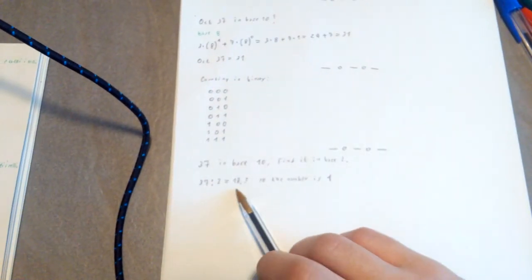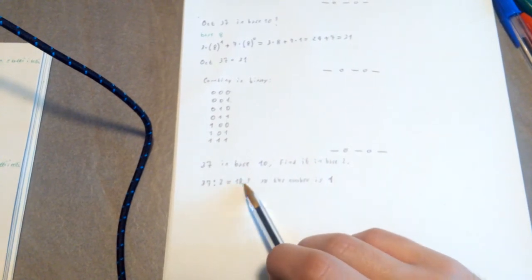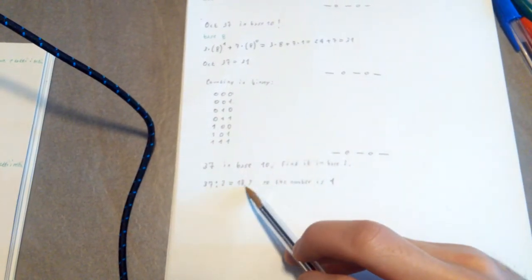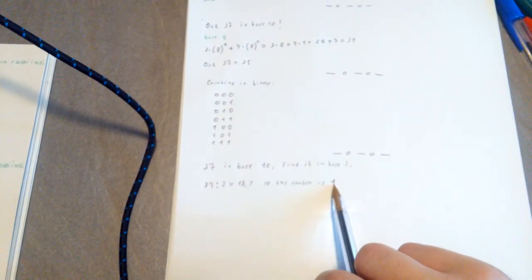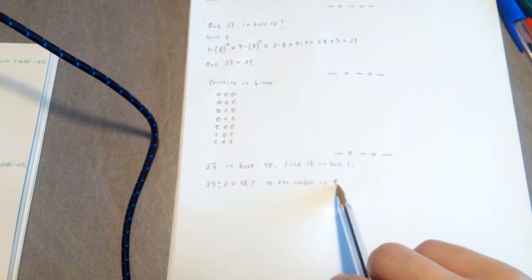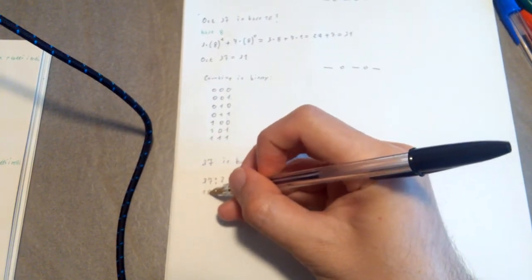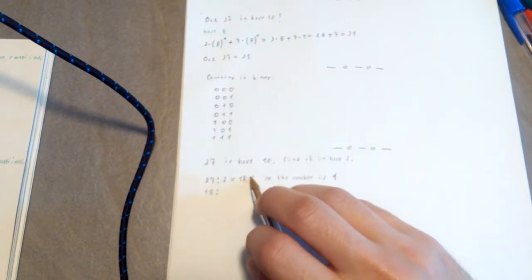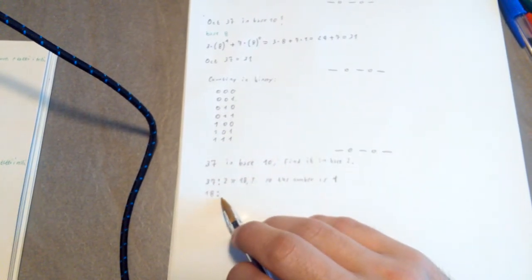If you get just an integer without any point and then something, then the number will be 0. If you don't get an integer, then the number is going to be 1. So 18, and we don't use the point something when we go to the next step.